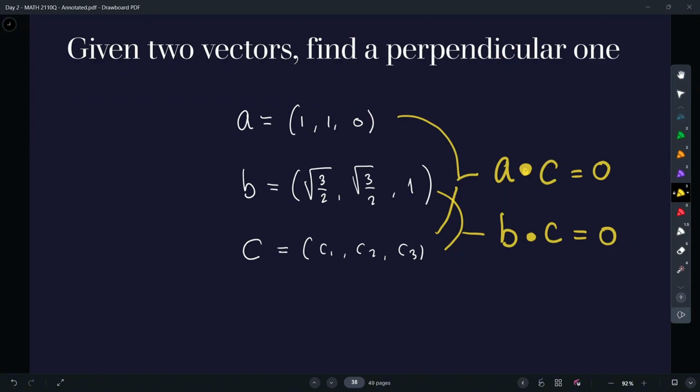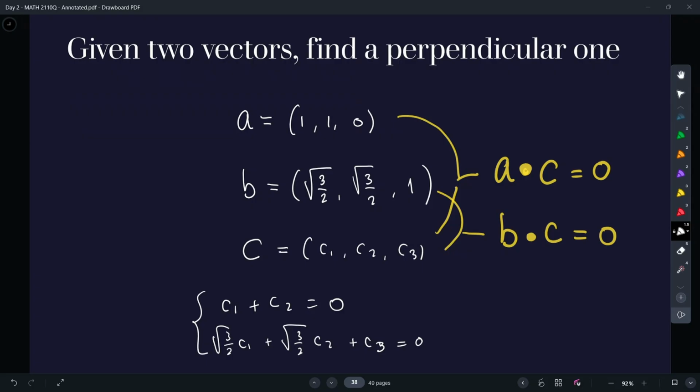And that is going to give me a system of 2 equations. A dot C is C1 plus C2 equals 0. And B dot C is square root of 3 over 2 C1 plus square root of 3 over 2 C2 plus C3 equals 0.